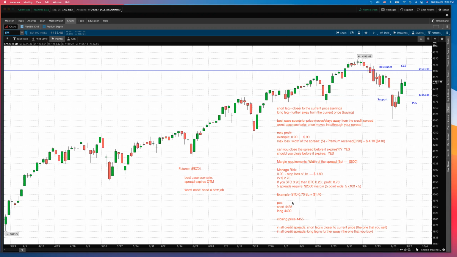If the price of this underlying fell past 44.30, yeah, that's the case where you need a new job, because it's not working. Now you've suffered maximum loss, and you should have gotten out of that spread before it hit 44.35.